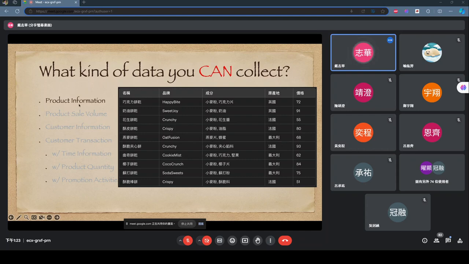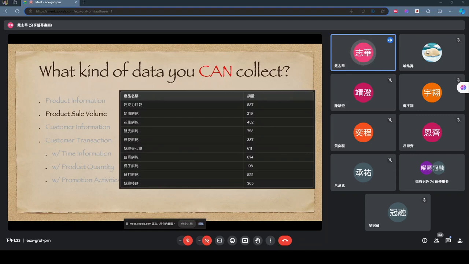So we have some information about the product, and we could also collect how much the product is being sold.